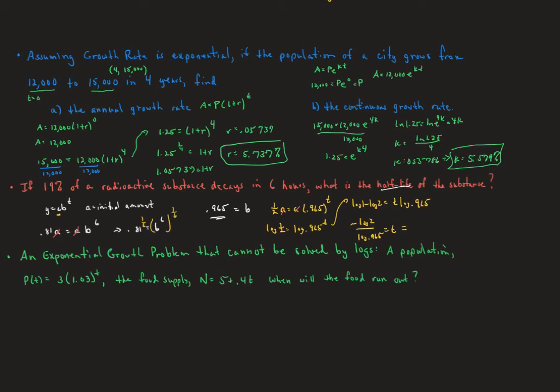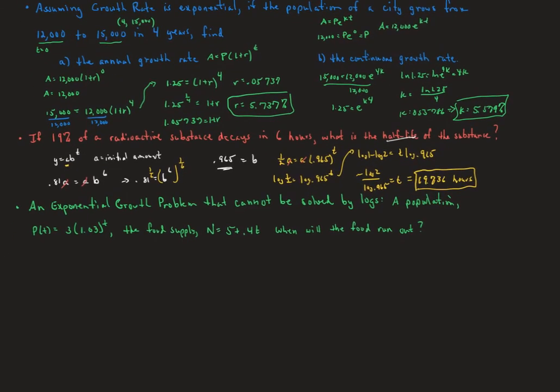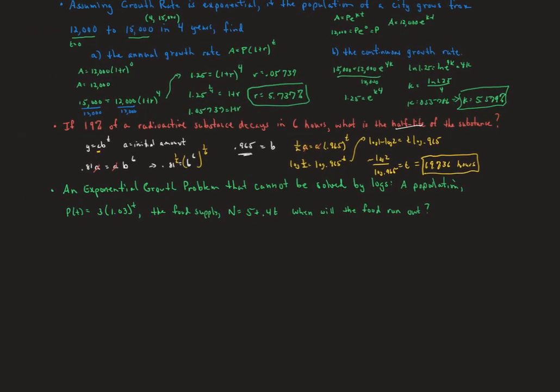Let me do the negative log of 2, and I'm going to divide that by the log of, and now I'm going to go up arrow, capture that, and then hit enter, and I'm getting 19.736. And remember, our time here was in hours, so that's going to be 19.736 hours is the half-life.